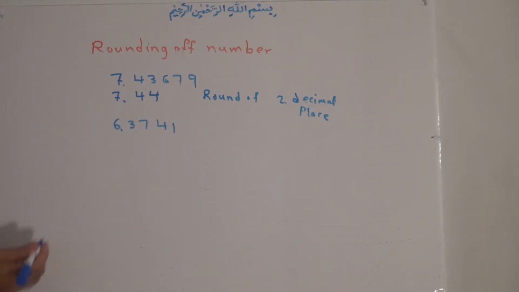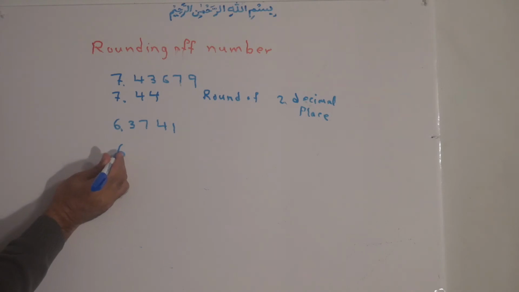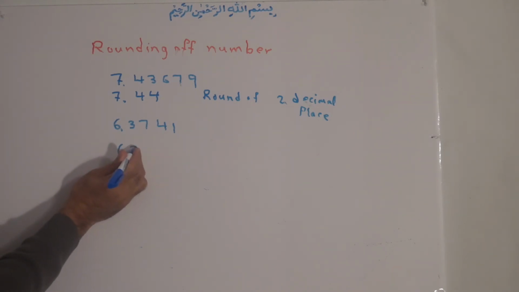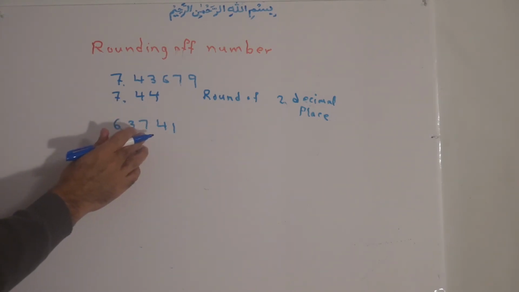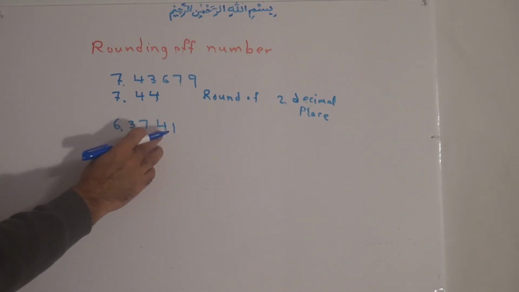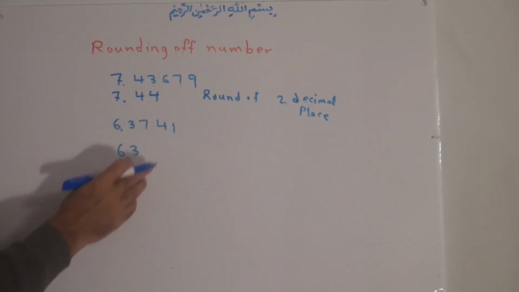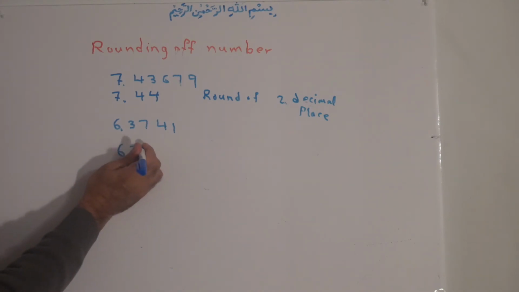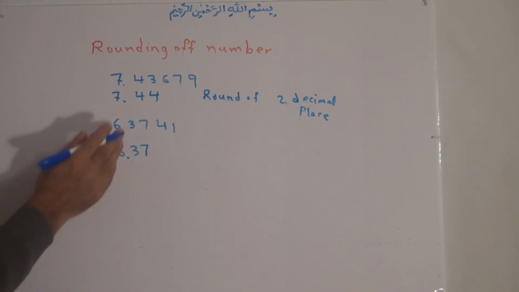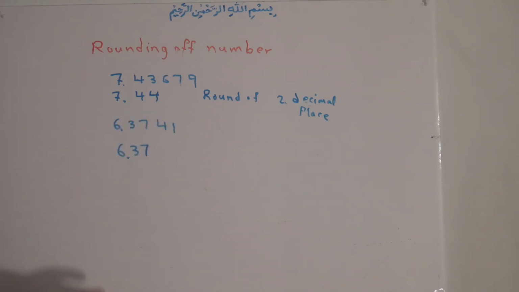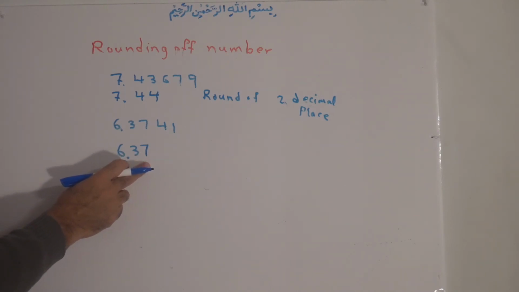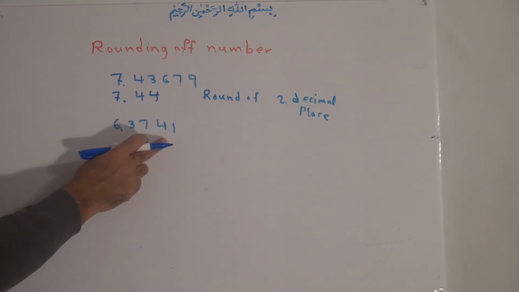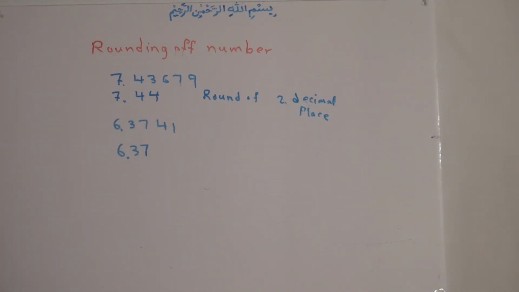Again, if we want two decimal places, we write 6.3, we write the first one, and then we take a decision about the second. The number after it is 4, and 4 is less than 5, so we keep it as 7. We don't write the other numbers. For bigger than 5, we add 1, and for smaller, we write the same number and skip the other numbers. This is also rounding off to the second decimal.